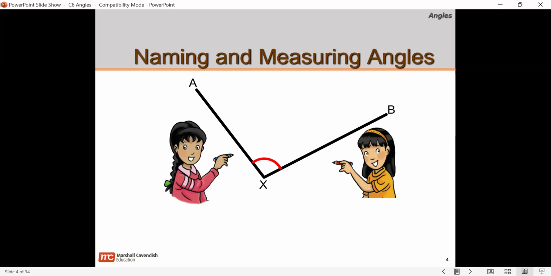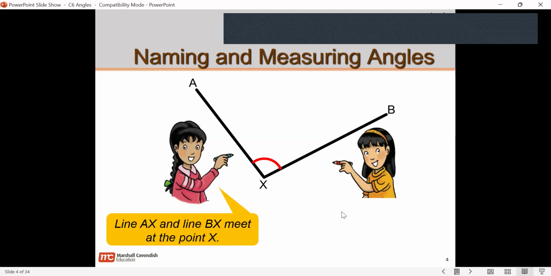They are points on the line. It can be at any part of the line, but in this case, they are at the end of the lines. So capital letters A, B, and X refer to points on the lines. They are not the angle. They are not the line itself. They are just points. But if I start to use two capital letters together, they refer to something else.